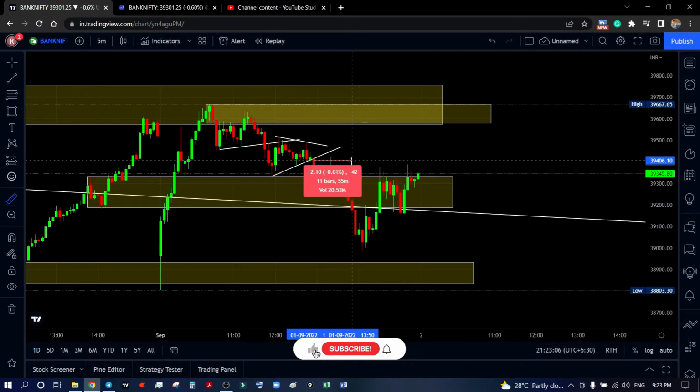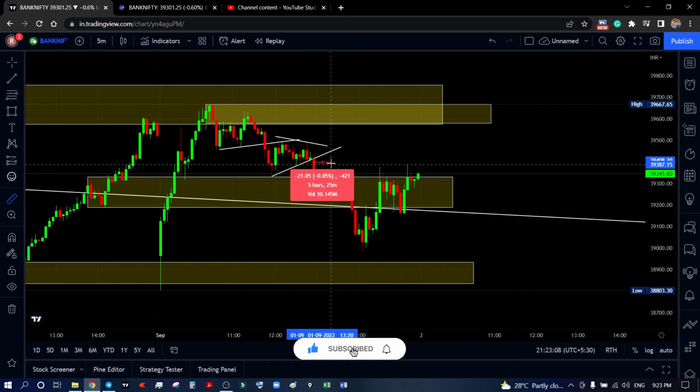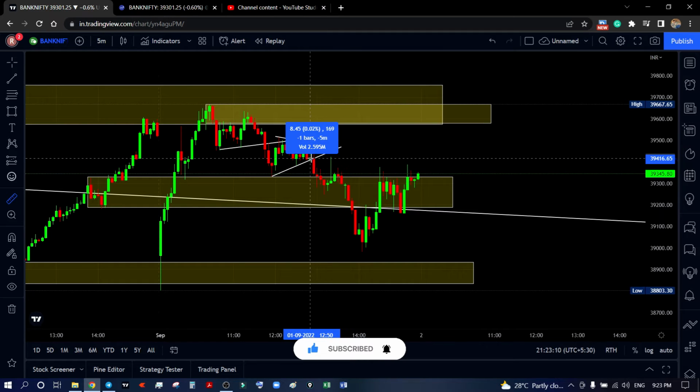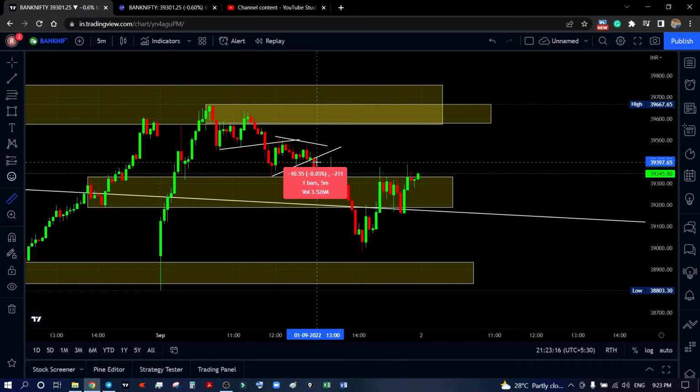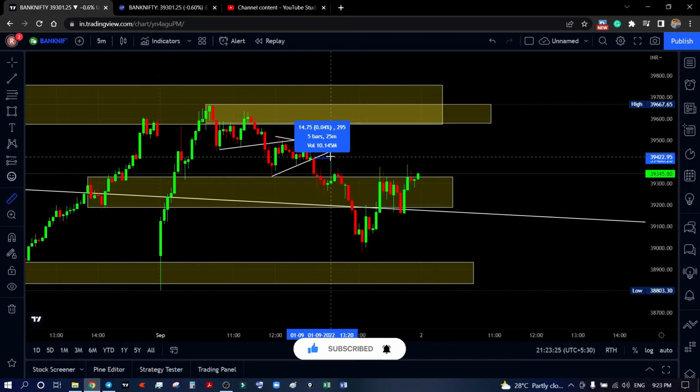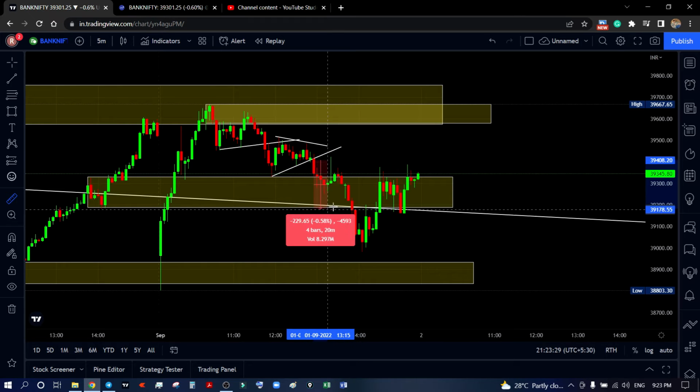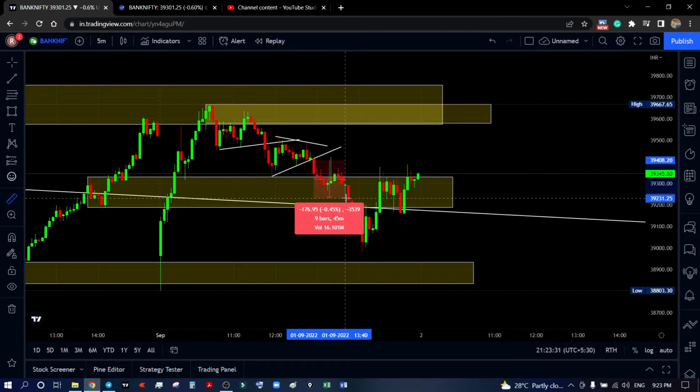Many times I have seen such a move where after the breakout, the market is falling or rising respecting the chart pattern, then without giving the target, it reverses and goes for the retest up to the extreme level. So this is nothing but extreme level retesting. Then again it is falling. Now as your target is met over here, the market is forming one candle.